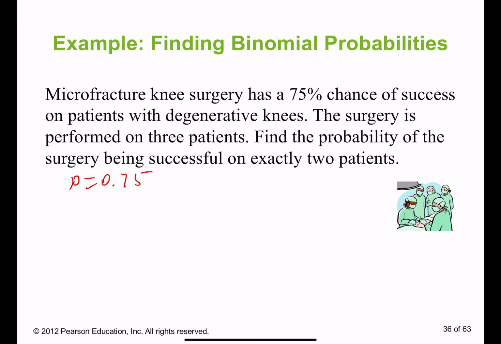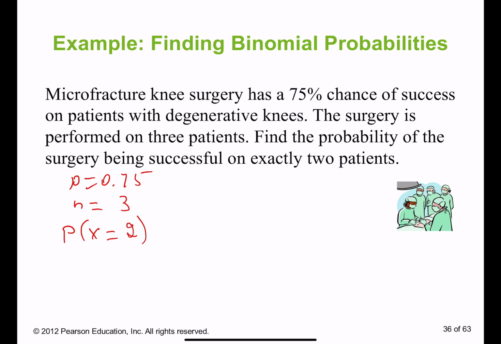The surgery is performed on 3 patients. So total N is 3 patients. Find the probability of the surgery being successful on exactly 2. So we need to find the probability of being successful on exactly 2.